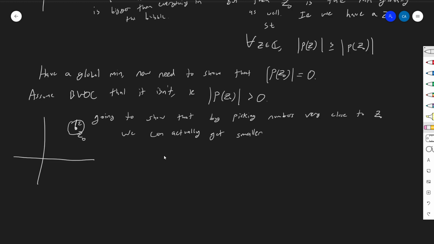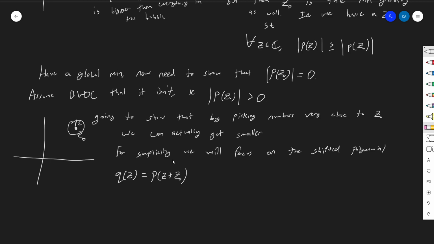So for simplicity, we will focus on the shifted polynomial q of z. We're just going to do a basic pre-calculus shifting, which is p of z plus z0.